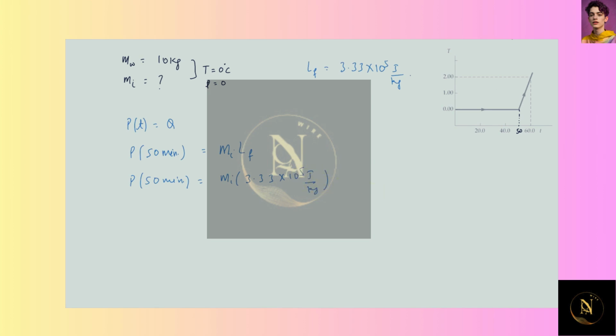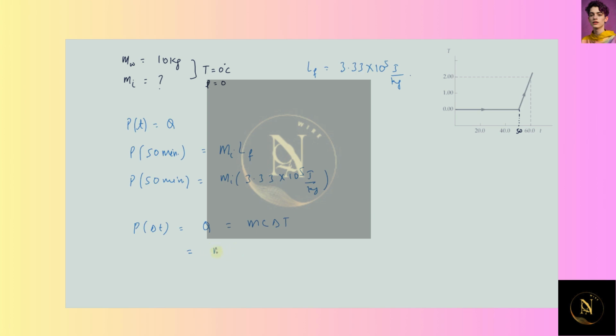So now I'll be considering this case when the time is from 50 minutes to 60 minutes, and in this case also the energy goes into the system at a constant rate P. So again, by using the conservation of energy, we can write that P into delta T is equal to Q, and Q in this case will be m c delta T. So the mass here, we have to take the mass of ice and the water both.